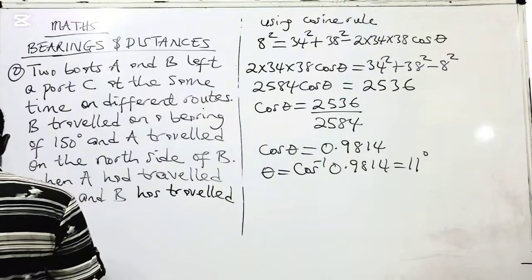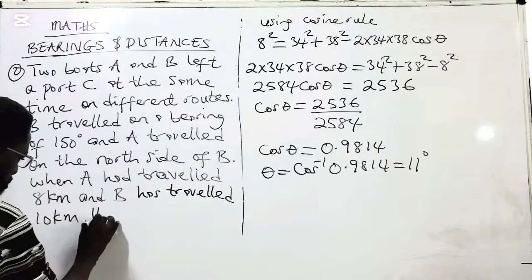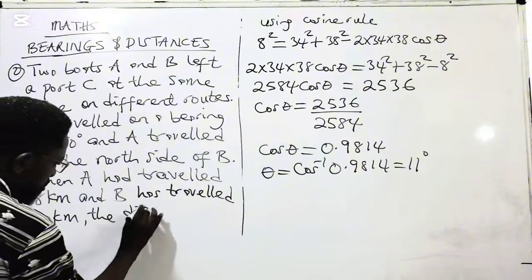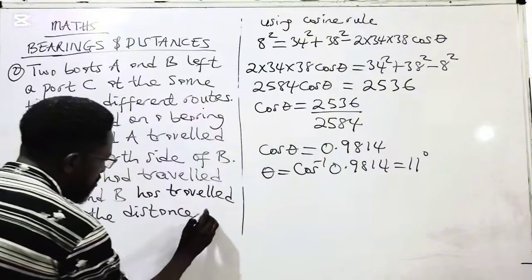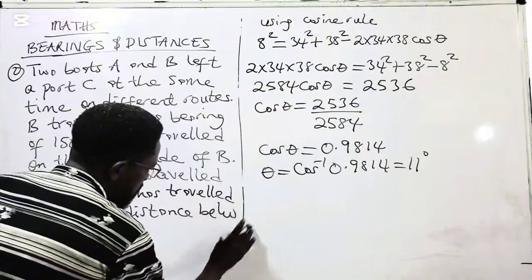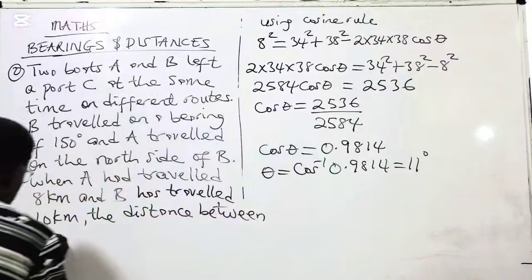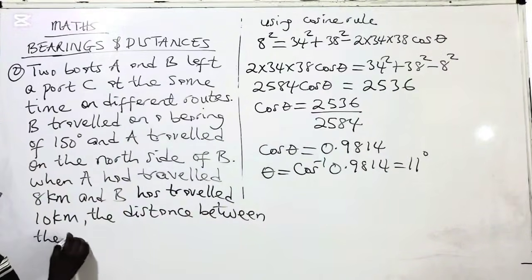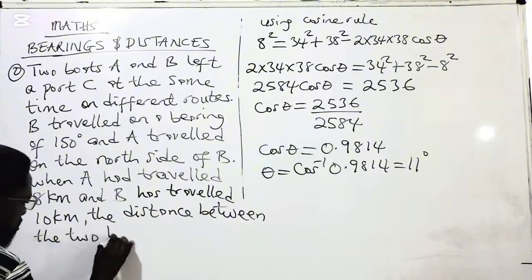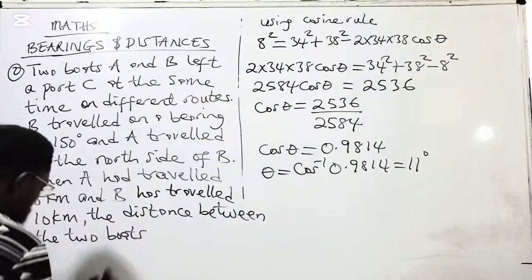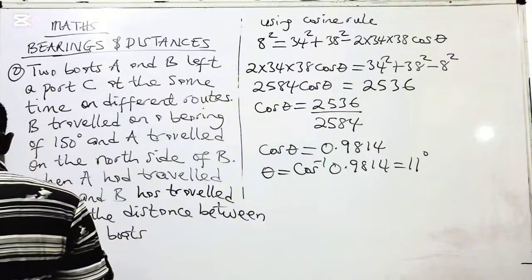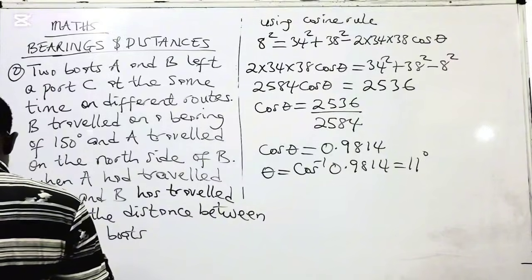The distance between the two boats was found to be 12 kilometers.